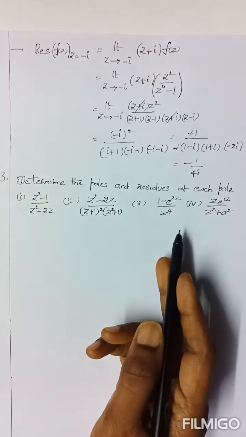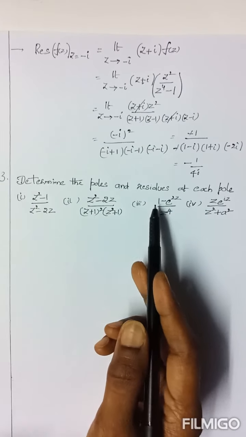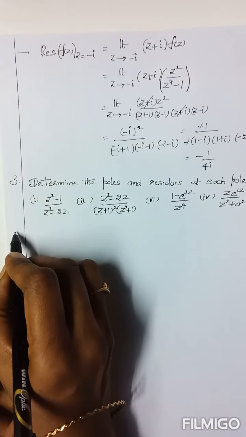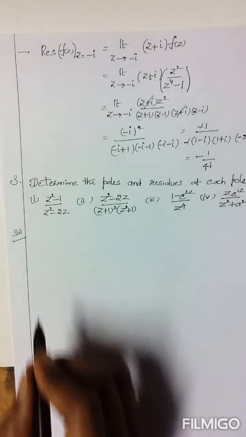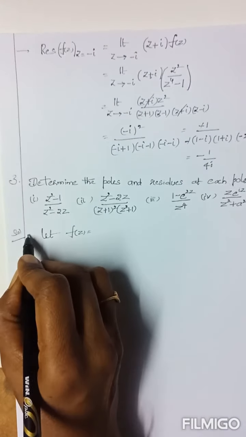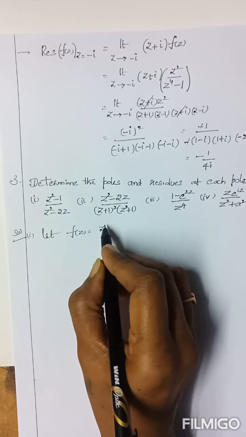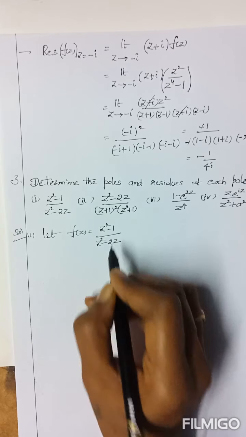Here there are 4 questions. For each and every function you have to find the poles and residues. Okay, first question. The first function is defined in terms of z, so its name can be taken as f(z) equals z square minus 1 by z square minus 2z.